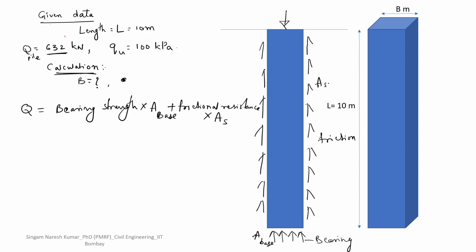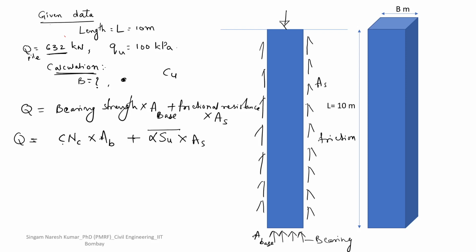Now bearing strength: you have been given the bearing capacity factor, and the CU value, sorry, not given as of now. So if the cohesion is CU, the bearing strength will be C into NC into area of the base, plus frictional resistance. There is an additional factor that is causing the friction, that is alpha, and alpha times SU is the frictional resistance, into AS.